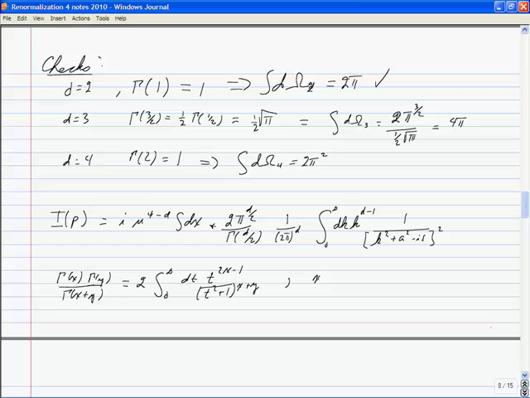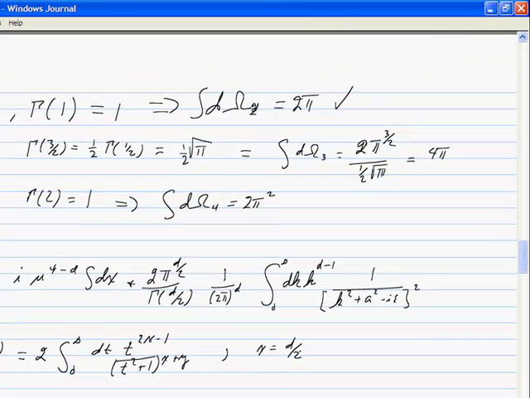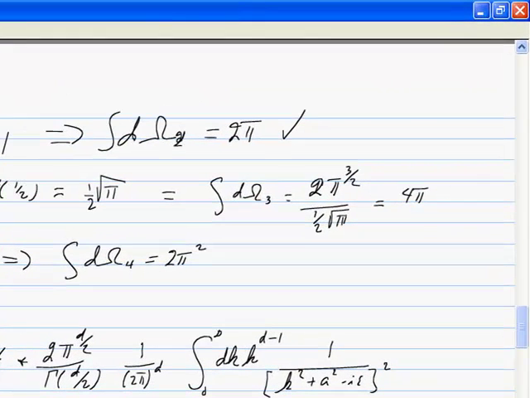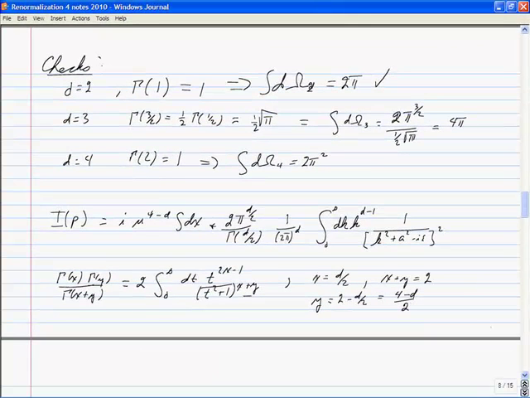We're going to apply this with x equal to d over 2, because 2x minus 1 is then d minus 1. X plus y is equal to 2, because that's what sits downstairs there. So y is 2 minus d over 2, which is 4 minus d over 2.